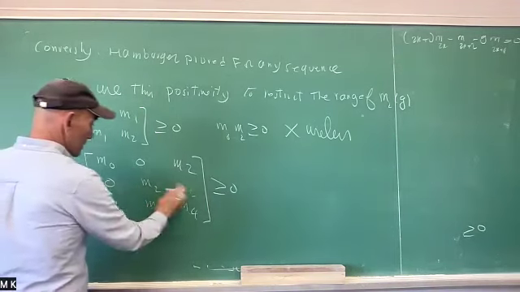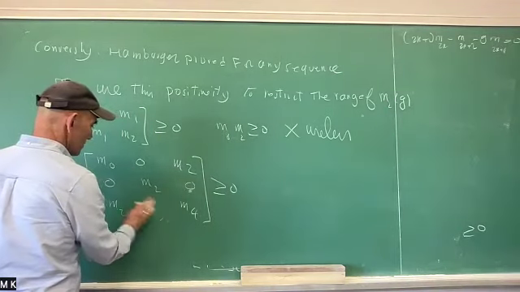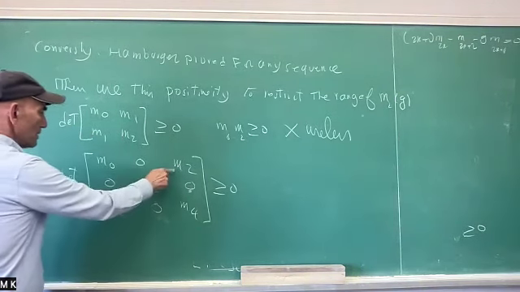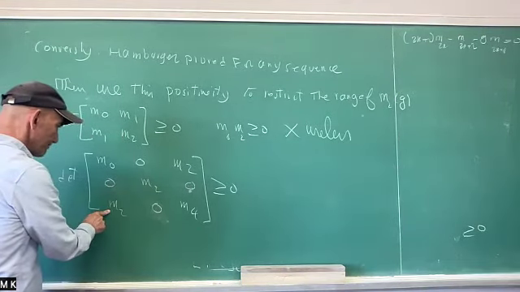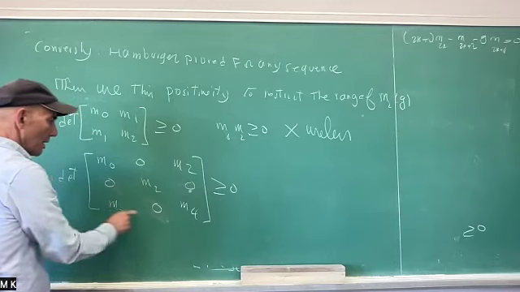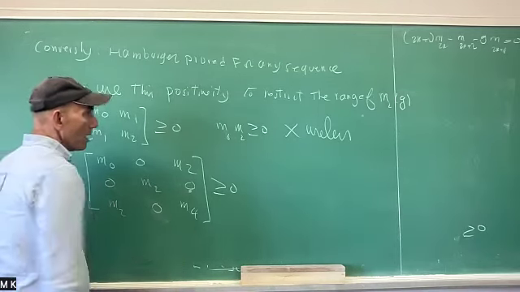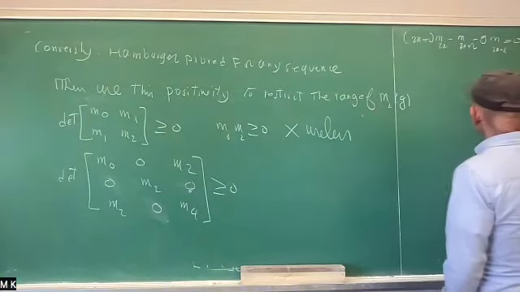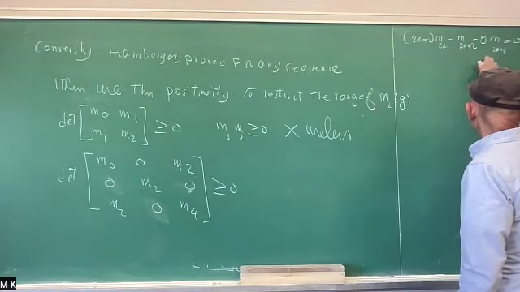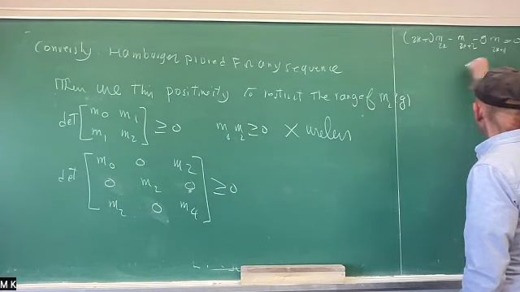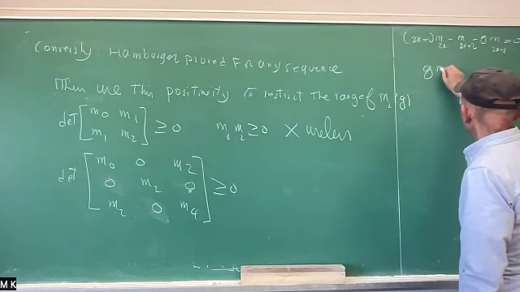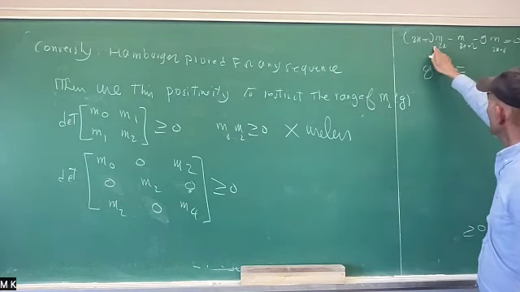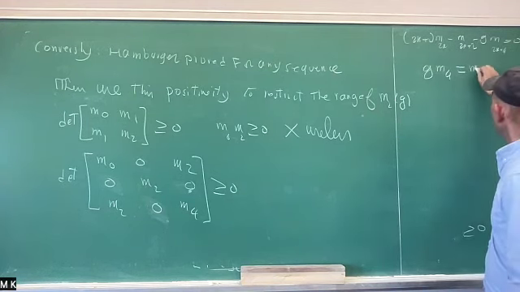So M2 appears here, and here is M4. We can solve for M4: if K is equal to 0, it is equal to 1 over G times (M0 minus M2), where M0 is 1.